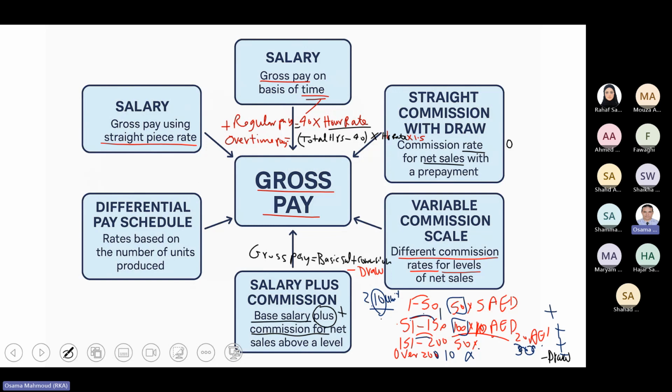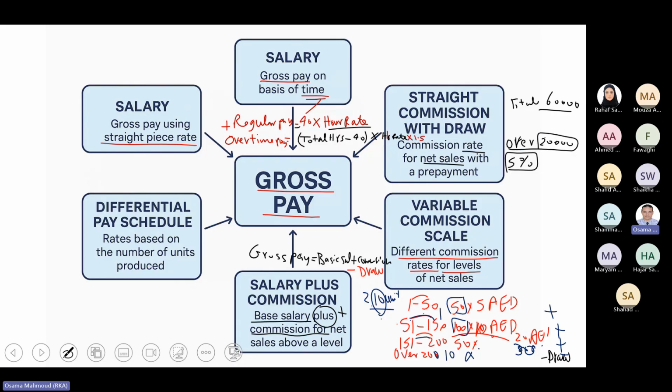So he said over 20,000 sale, he will give you 5%, right? Okay. If the total sale you have done is 60,000, you are not going to take the 5% for the whole 60,000. You will get it only on what is over 20,000, right?